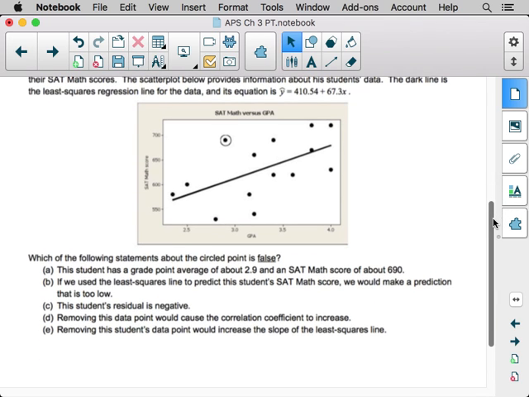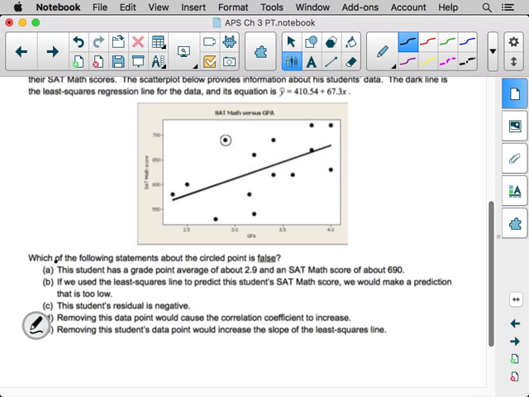So which of the following statements is false? All right, so the student had a GPA of about 2.8, SAT math score of about 690. Is that false? No, that seems true, right? But because it's true, not what we're looking for.